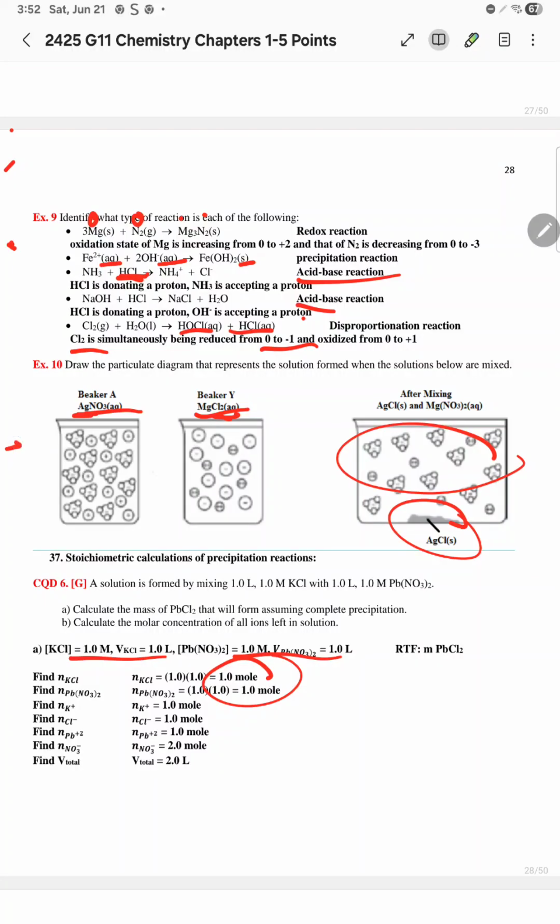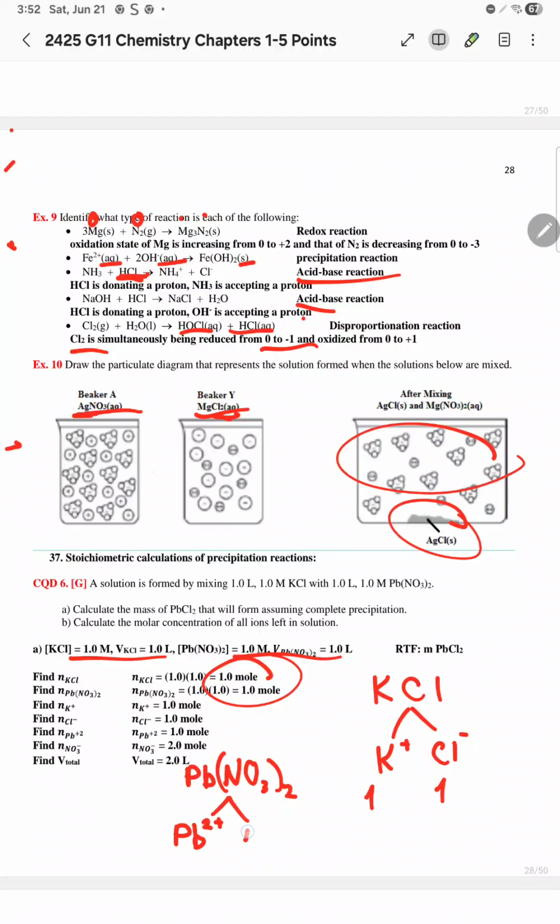Now KCl gives K plus and Cl minus. No coefficients to multiply, so this will have 1 mole and this will have 1 mole. Now, here's the thing. Pb(NO3)2 will dissociate into Pb2+ and 2NO3 minus.